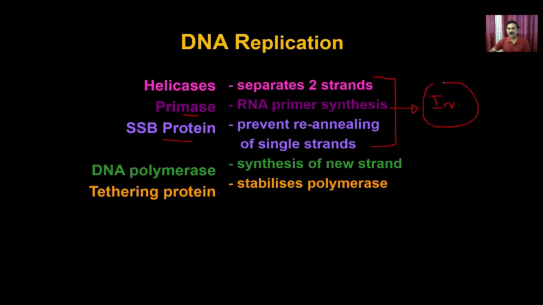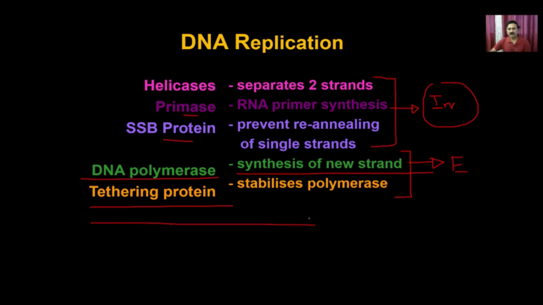And the DNA polymerase or the tethering proteins are responsible for the elongation as well as the termination phase. So this is responsible for elongation, and once it reaches the end of the DNA, it enters into termination. So you can imagine that DNA replication involves a huge set of proteins.